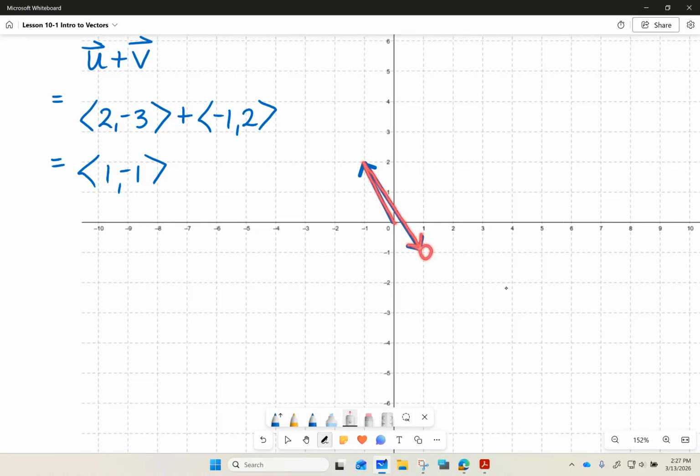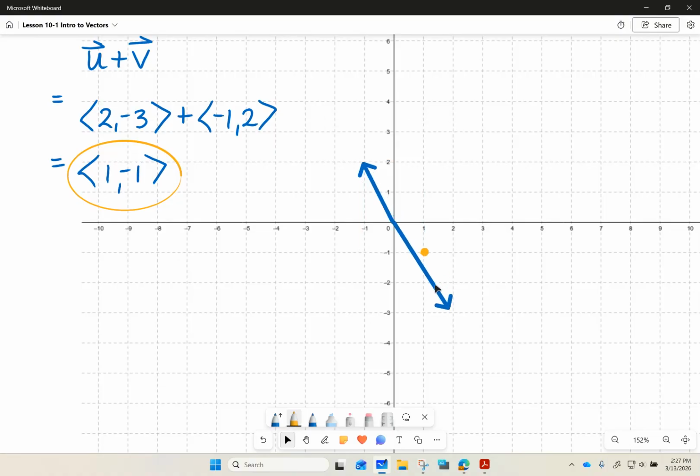I ended up right here. And what is that value? That value is the 1, -1 that you just told me was where it would end. Do you see what happened? And you're done.